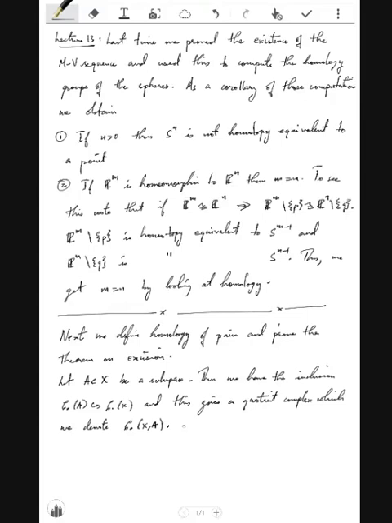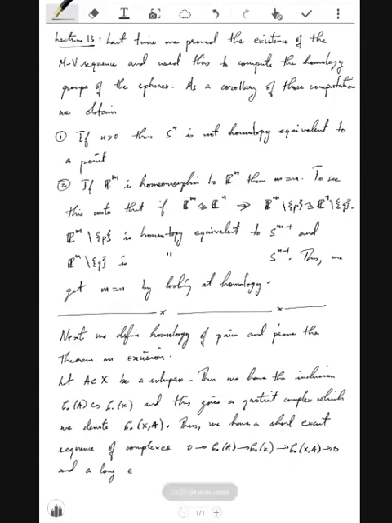So thus we have a short exact sequence of complexes and a long exact sequence of homology groups.